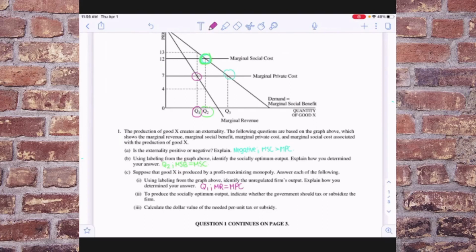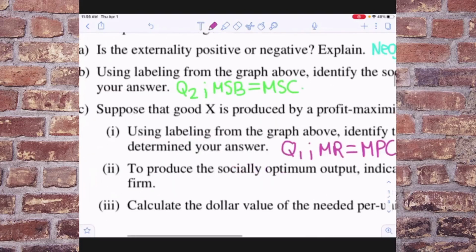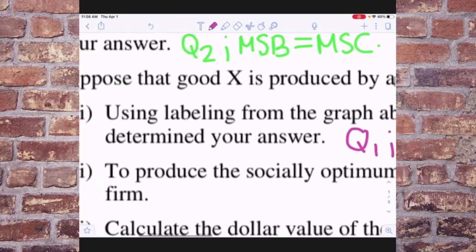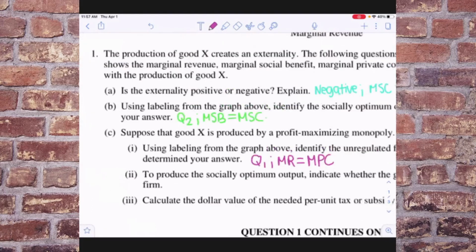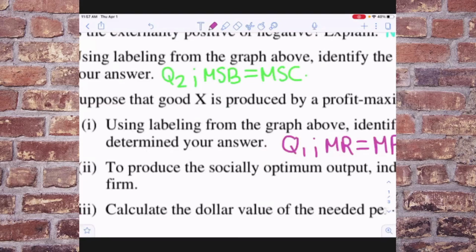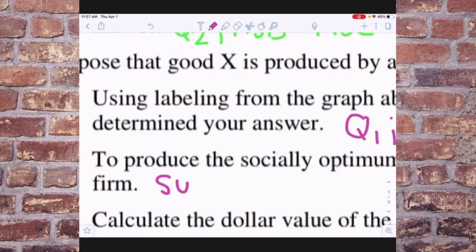Well, the monopolist is not producing enough because we said the socially optimal point was Q2 and we're at Q1. So we need to get them to Q2. So we're going to have to subsidize. So the answer to the second part of C is to tax, subsidize, excuse me. So where it says to produce the socially optimal point, I'm going to write subsidize right after the word firm.